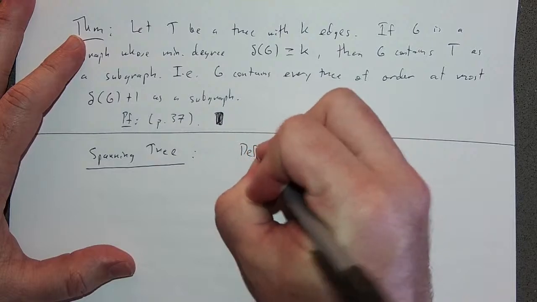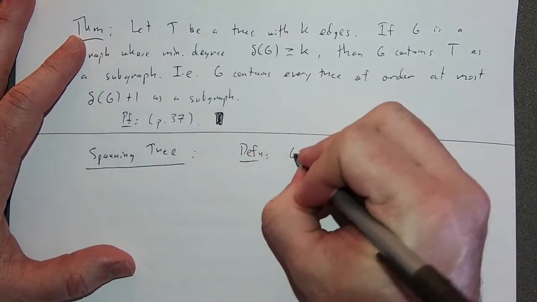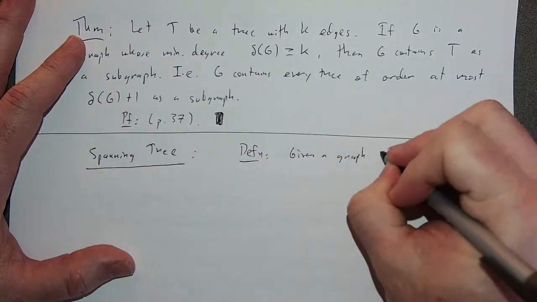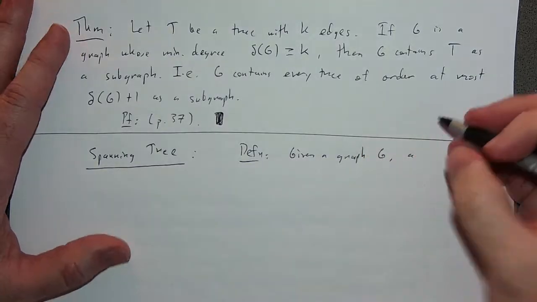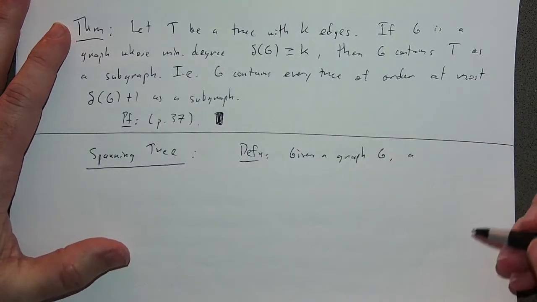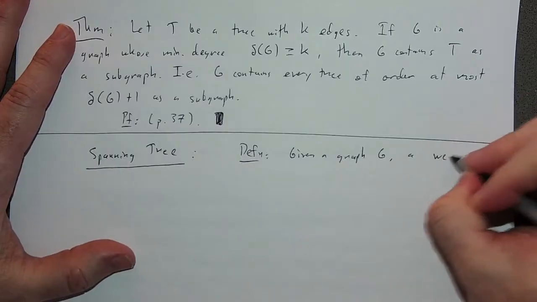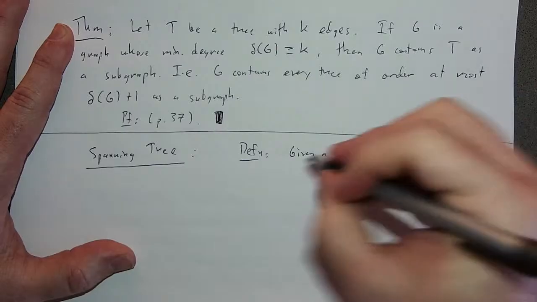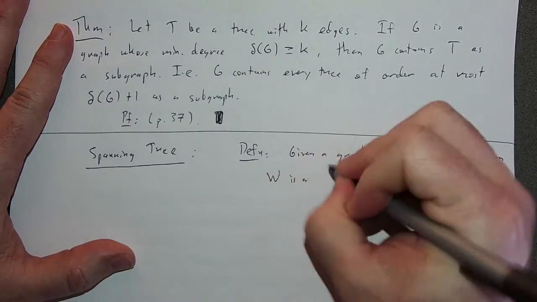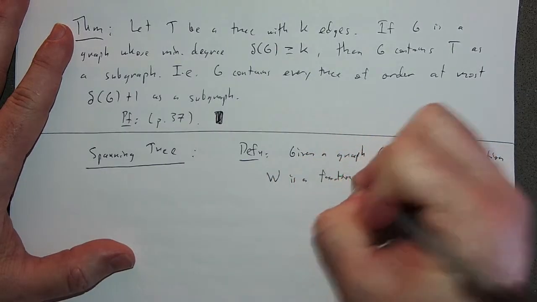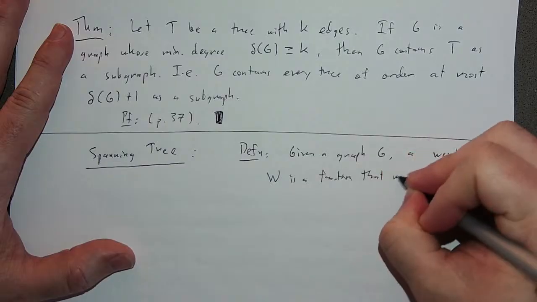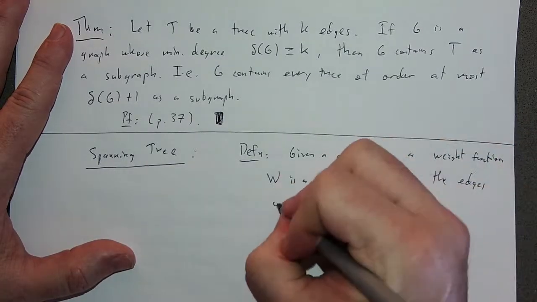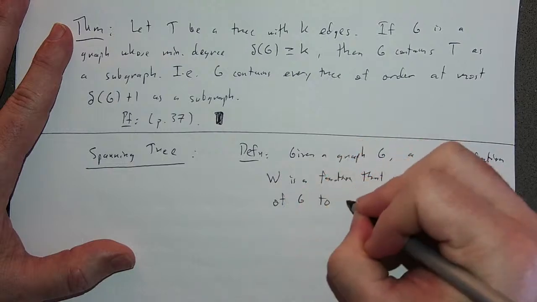So, definition. Given a graph G, a weight function W is a function that maps the edges of G to non-negative real numbers.